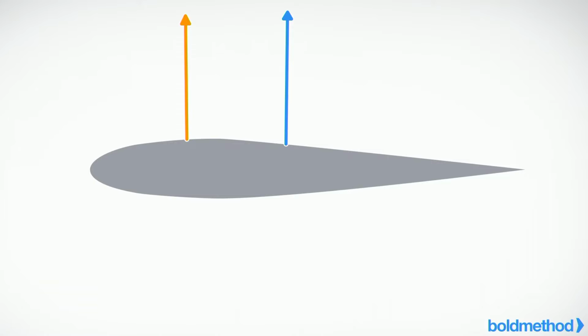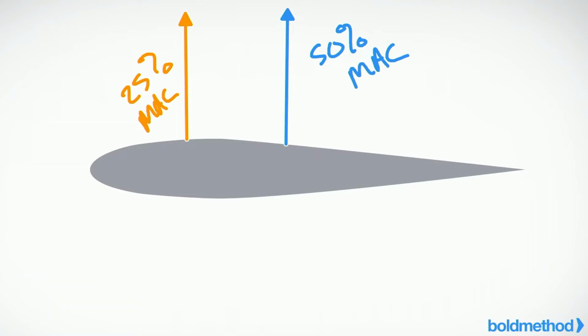So subsonic lift is at 25% chord, and supersonic lift moves back to 50% chord.